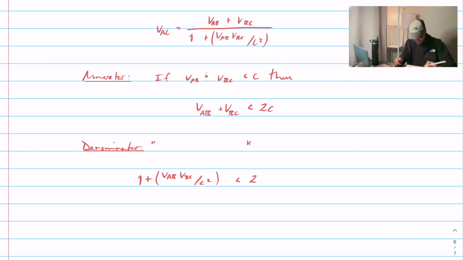Now let me explain. The reason is that at maximum, V_AB and V_BC are c, so the upper bound of this term, which can't be reached, would be 1. So if we already have the constant 1 in front, 1 plus 1 is 2. And because this term is strictly less than 1, the whole term must be strictly less than 2.